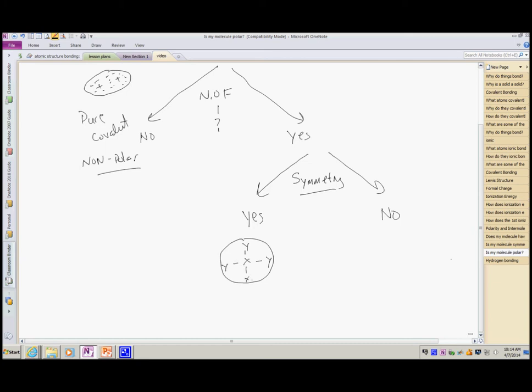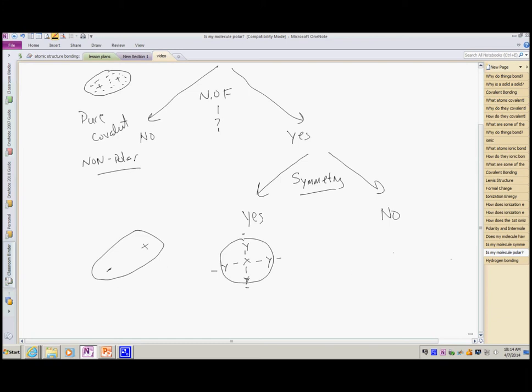So even though we have one atom which might be highly electronegative, pulling negative, negative, negative, negative, we still don't have the situation we're looking for, which is one area negative, one area positive. We don't have that lopsided region.